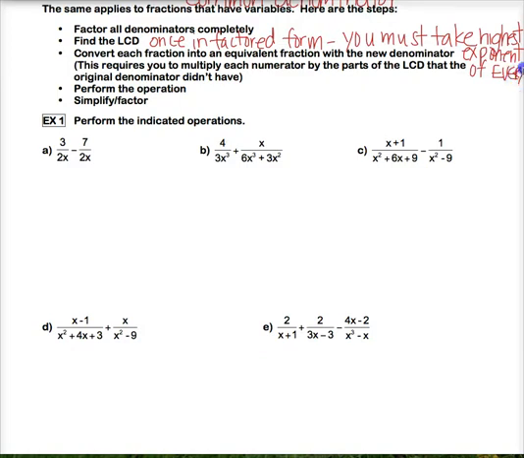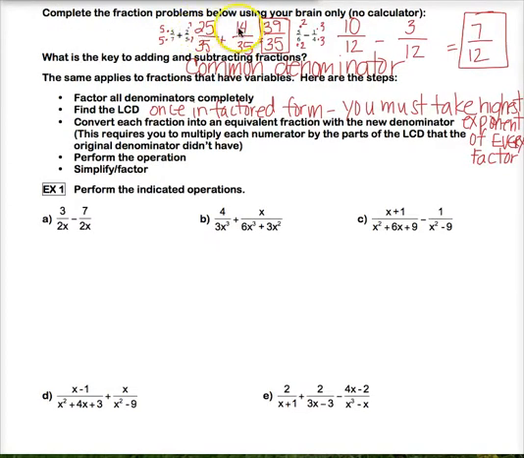And you're going to see what we mean as we go on. It doesn't really make sense when you just read the words until you see it with the example. So once we've found the LCD, we're going to do exactly what we did up here. After we found the LCD and I wrote the LCD, I converted each individual fraction to that new denominator, and then I added or subtracted.